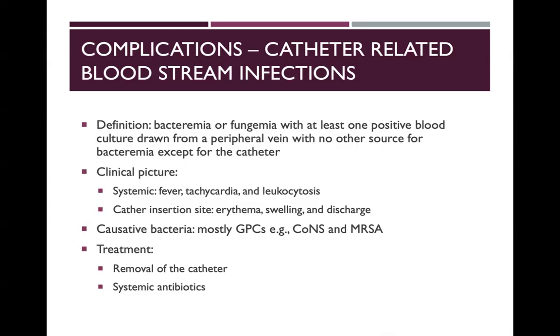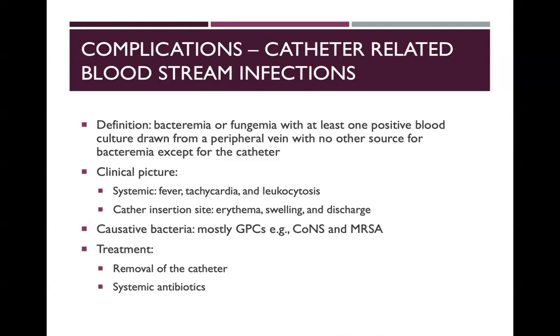Causative bacteria, as I alluded to, are things that live on the outside of our body. So the coagulase-negative staph, like Staph epidermidis and Staph saprophyticus, normally live even on hygienic patients. They live on our body because we're not sterile. MRSA can also live on our body, and when these gain access inside, they can develop bacteremia and even endocarditis.